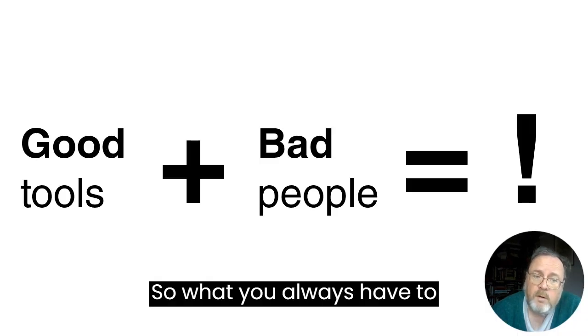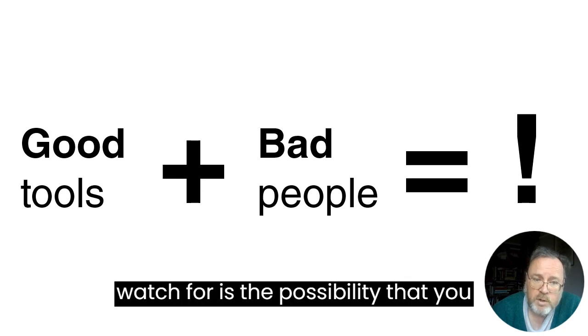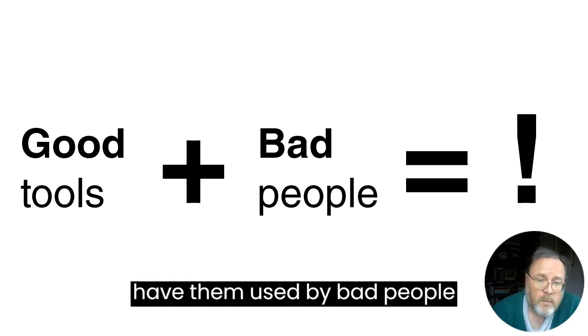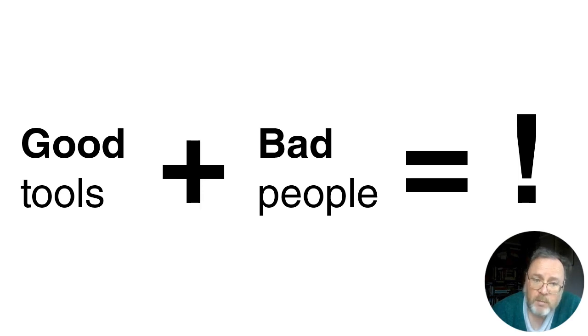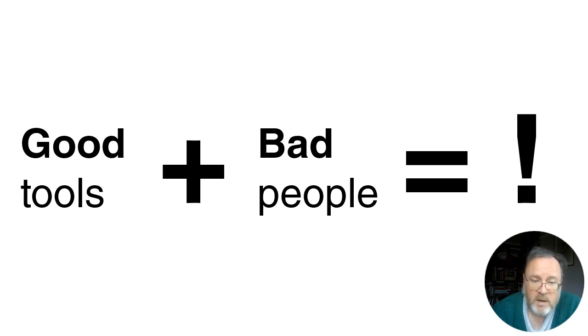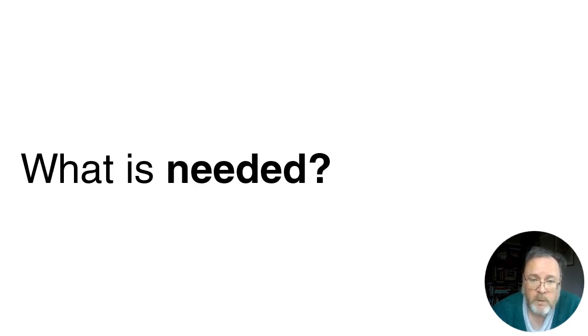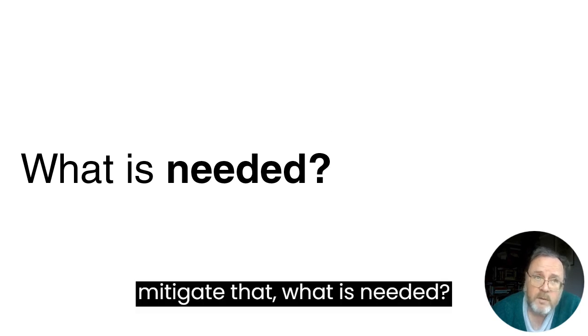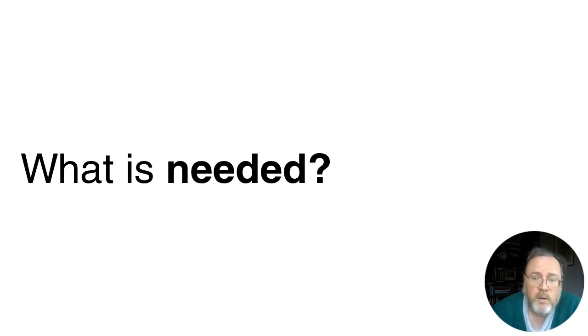So what you always have to watch is the possibility that you can create good tools, have them used by bad people with consequences that may not be helpful. In order to prevent that, or at least mitigate that, what is needed?